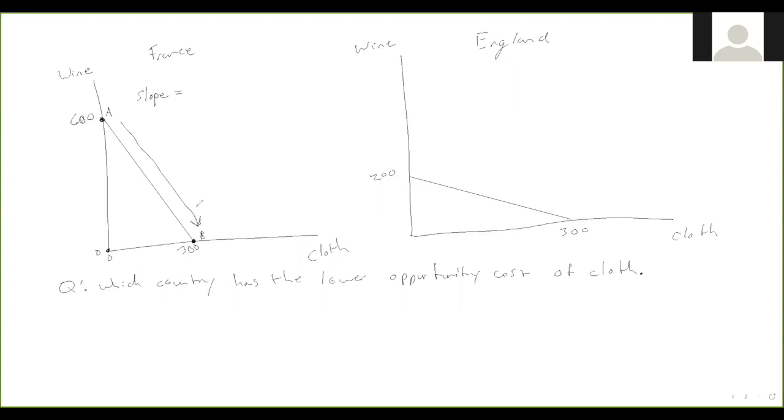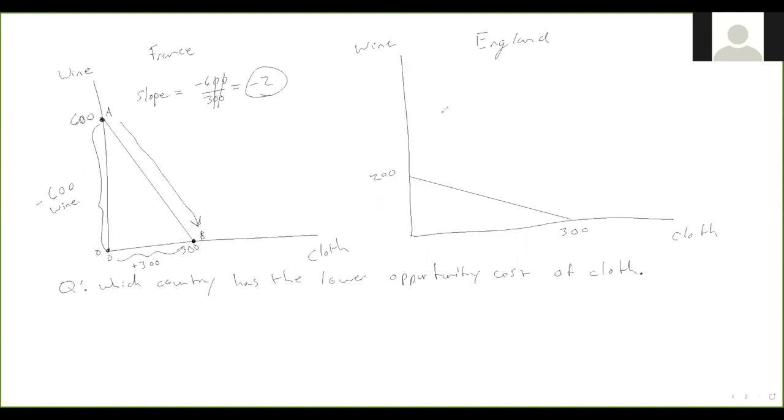If we move from A to B, we gave up this amount of wine and gained this amount of cloth. So plus 300, minus 600. Our slope is minus 600 over 300, which is minus 2. That's the opportunity cost of cloth for France.